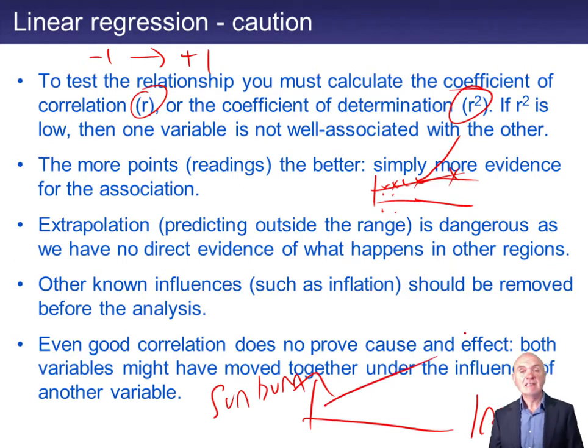It doesn't mean that ice cream consumption causes sunburn. It means it's been a sunny day, and that the good weather has increased both ice cream consumption and the incidence of problems with people getting too much sun.